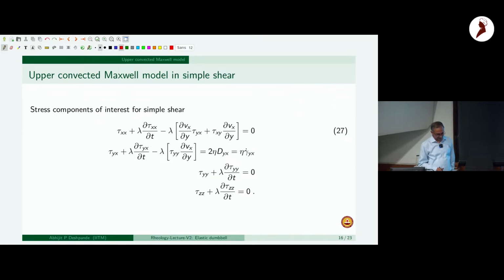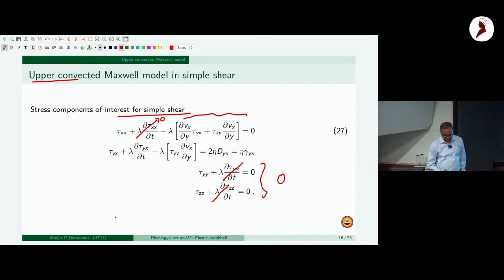And so if you look at the upper convected Maxwell model in simple shear, what you see is tau yy and tau zz at steady state are 0. But tau xx at steady state, even though this term goes to 0, you have this non-zero. So it is basically 2 lambda gamma dot yx into tau yx. So this is the overall normal stress which is present in the system.